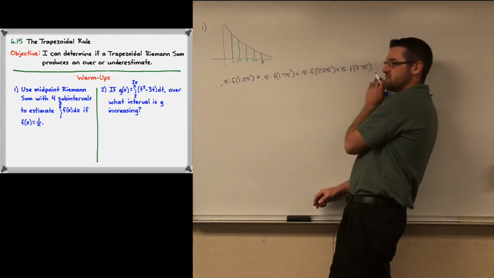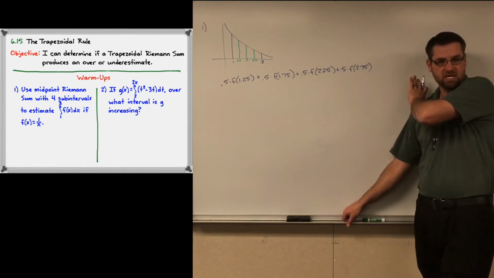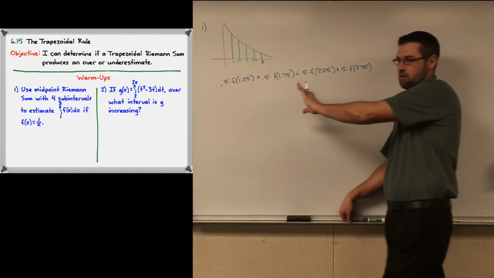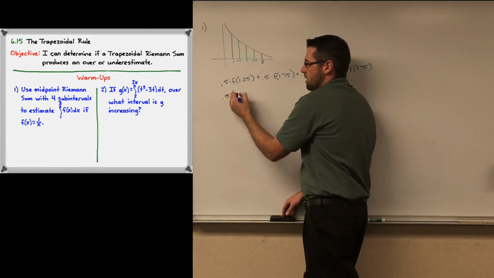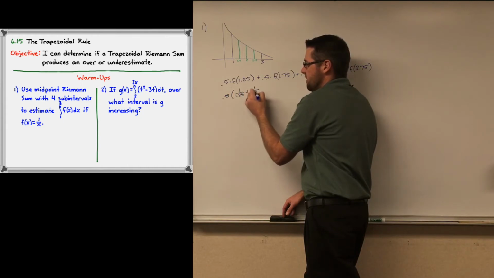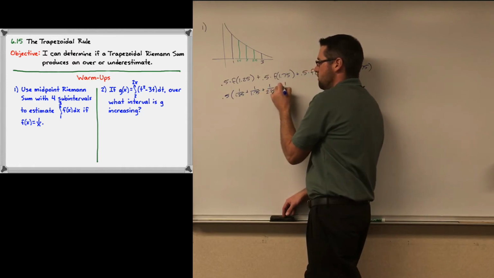What can I do to simplify this a little bit? Because they all have a width of 0.5, we can factor that out. So we could say 0.5 times 1 over 1.25 plus 1 over 1.75 plus 1 over 2.25 plus 1 over 2.75.